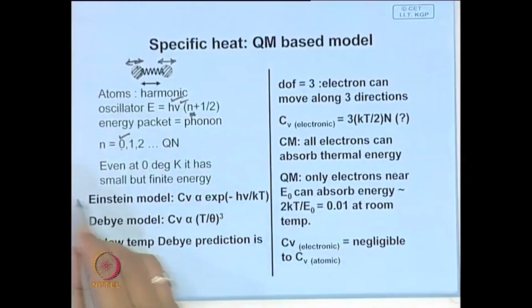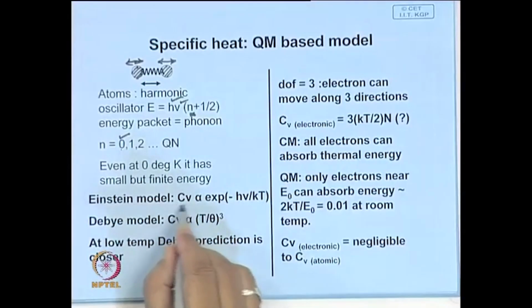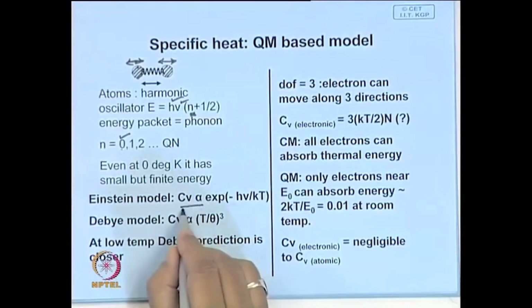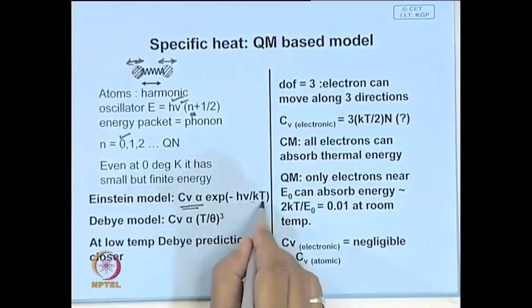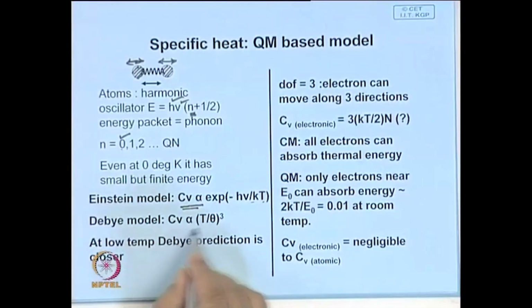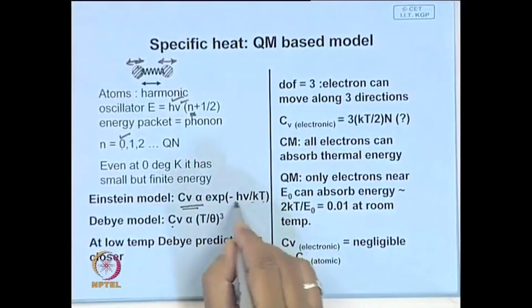Using this, Einstein worked out the first quantum mechanics based approach to explain molar specific heat, and he came out with an expression which says that molar specific heat will decrease exponentially. Around the same time, a little later, Debye came up with another model which predicted that molar specific heat is proportional to T to the power 3, and he introduced the Einstein idea here also.